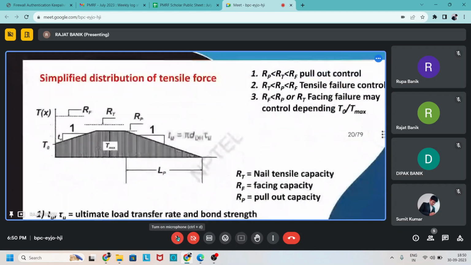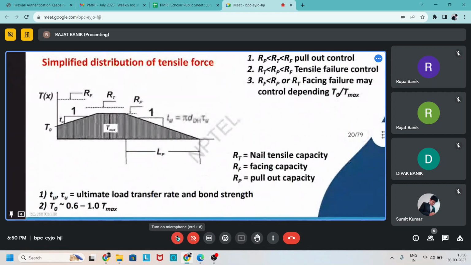Now we discuss the simplified distribution of tensile force in the soil nail. What are the different forces applied at different zones in the soil nail?